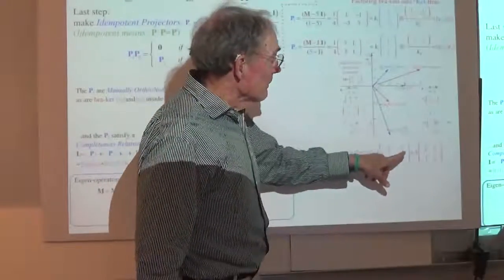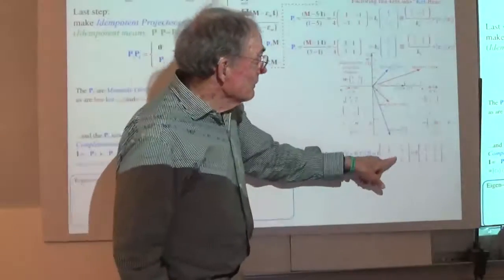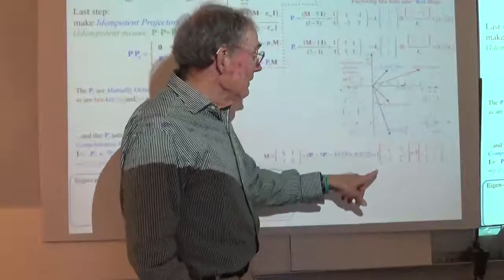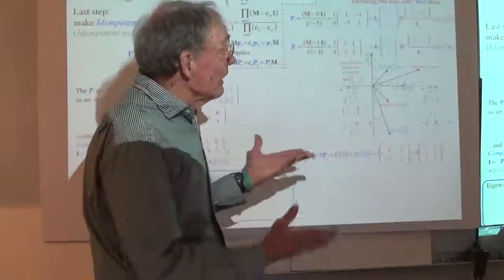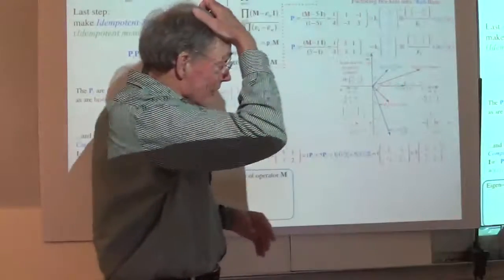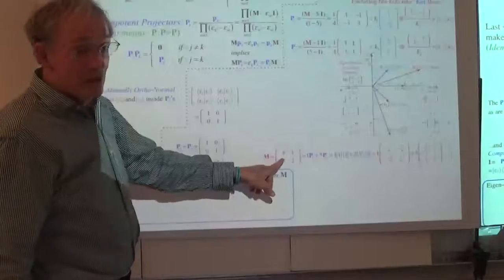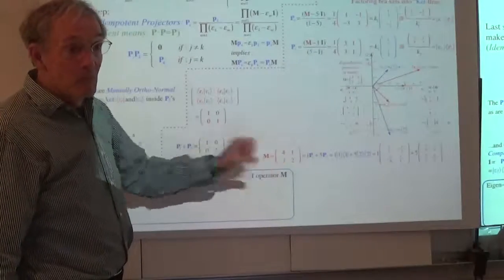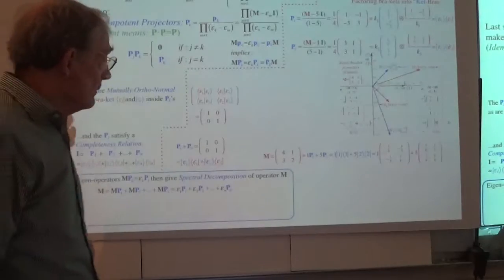You gotta keep that 1/4 and you gotta keep the 5, or this isn't gonna work. But as long as you use the stuff that we've got written right here, or use Dirac notation, and we're getting Dirac notation kind of in the bargain here, you're going to get the original matrix. Okay? Now that's just the spectral decomposition.